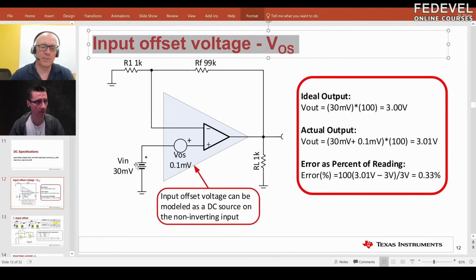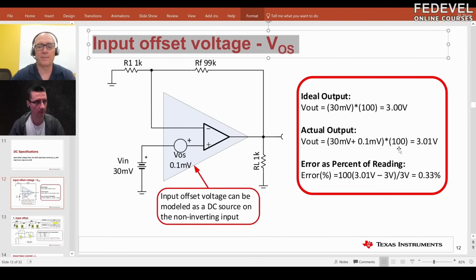The input signal in this case just adds directly to the offset. So the expected ideal output would be the input signal times the gain, and the gain is RF divided by R1 plus 1, or 100 in this case. So 30 millivolts times 100 gives us 3 volts out. That's what we're expecting. But because we have this offset voltage, that just adds to our input signal.